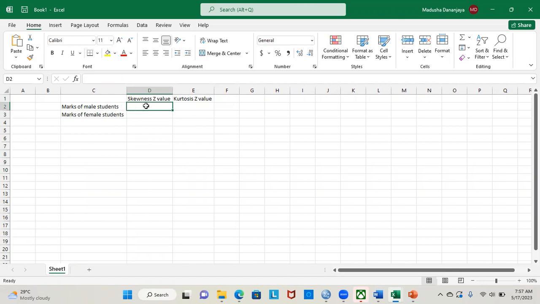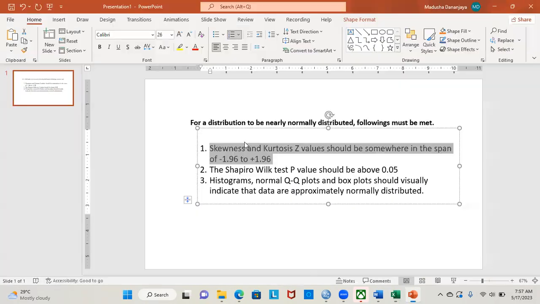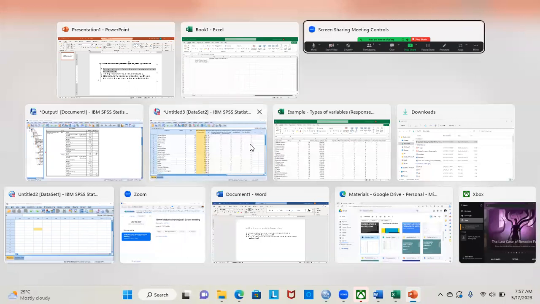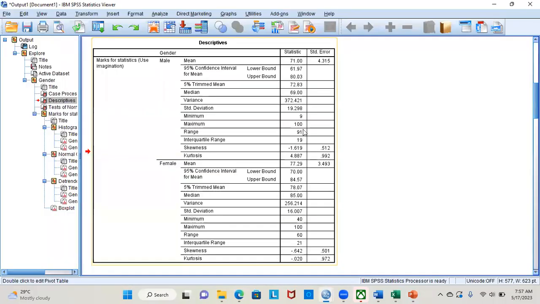Now the skewness has been computed for the marks of male students as well as female students, and kurtosis has been generated for both as well. The skewness Z value is somewhat different from skewness, and the kurtosis Z value is somewhat different from kurtosis. Now, how to find the skewness Z value? It can be taken in this way.